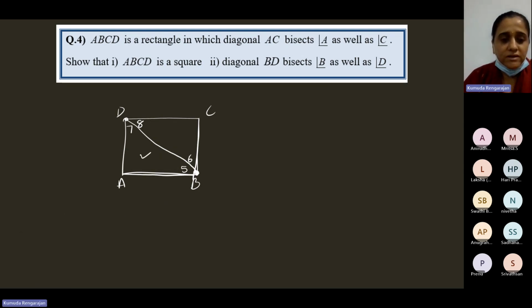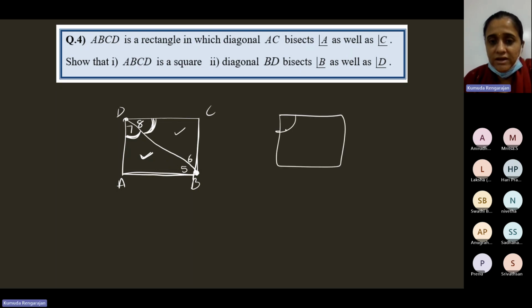In this triangle, this is angle D. In this triangle, this is angle D. In the square, this is angle D. For this triangle, this one is angle B. For this triangle, this is angle B.